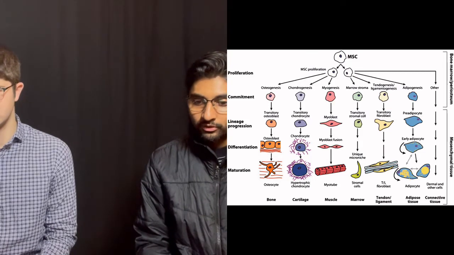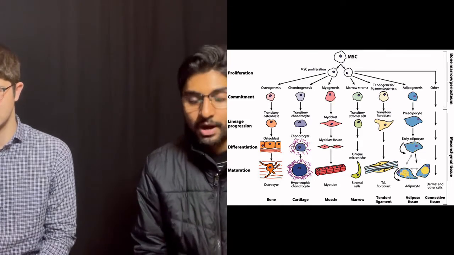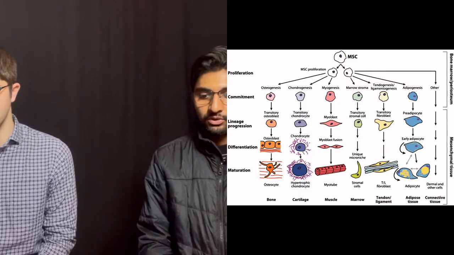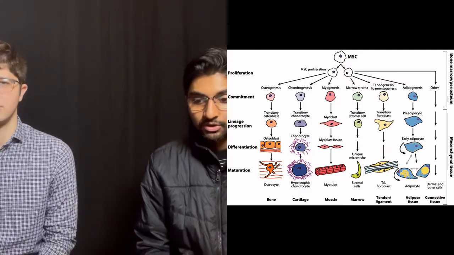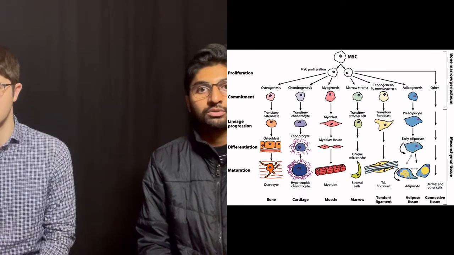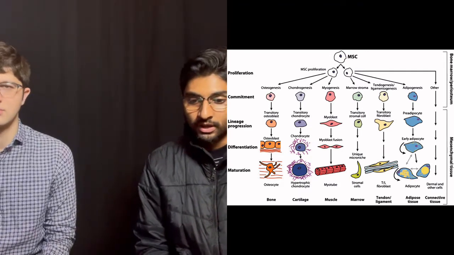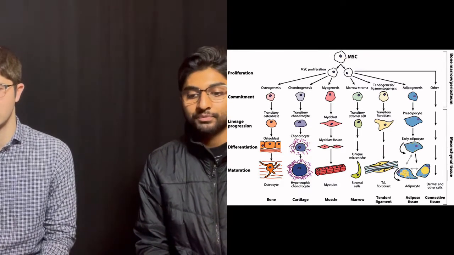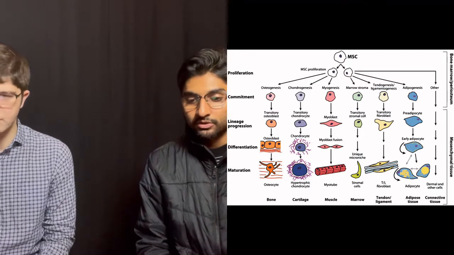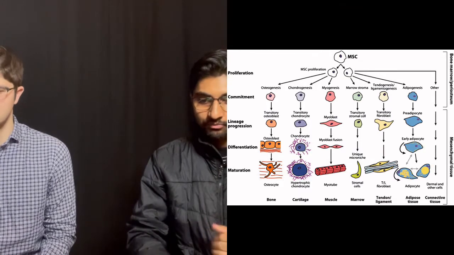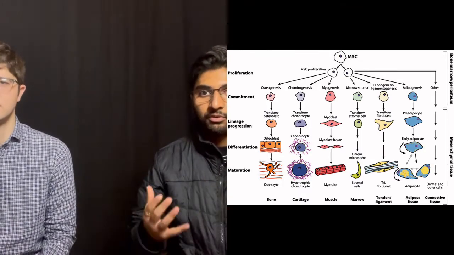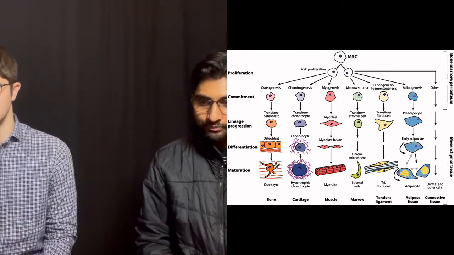Osteogenesis, chondrogenesis, and myogenesis have to do with becoming osteocytes, chondrocytes, and myocytes. These are bones, cartilage, and muscle tissue. After they commit, they progress through their lineage and differentiate until they finally become that cell, and then they mature to become the full tissue type.